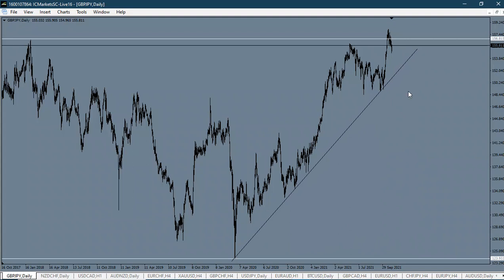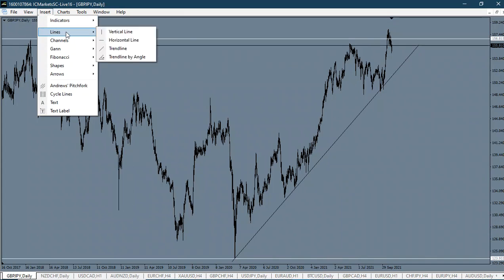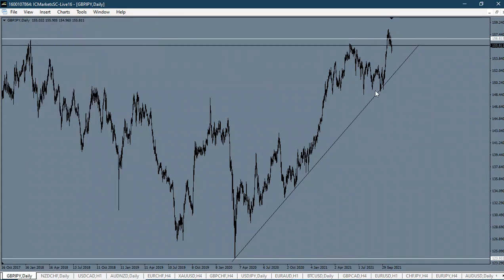We have our uptrend because of our higher highs and higher lows, and also this higher low right here. Should it be broken, it will be an indication that price is ready to change direction to go towards the downside.